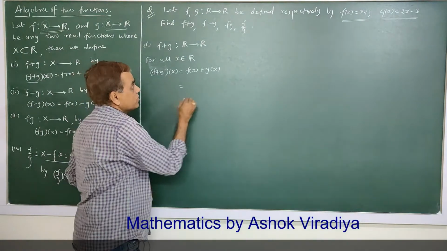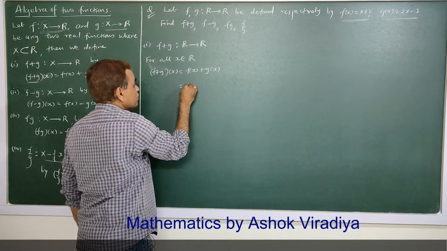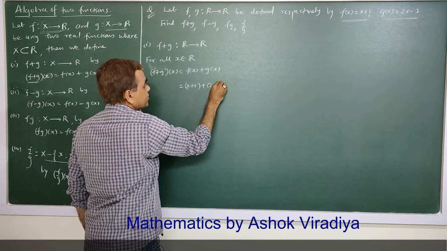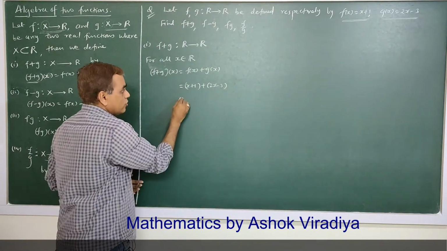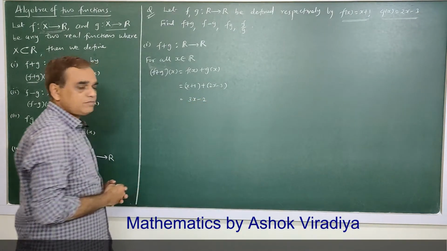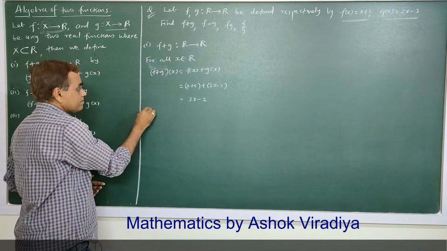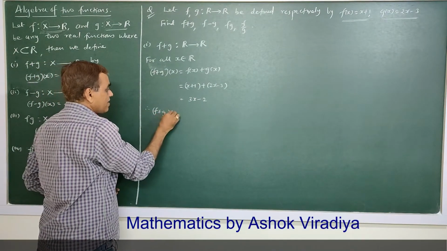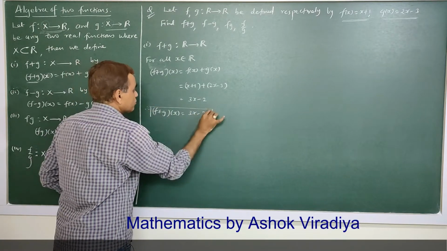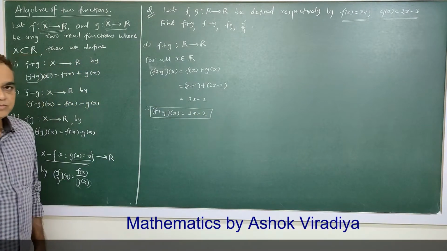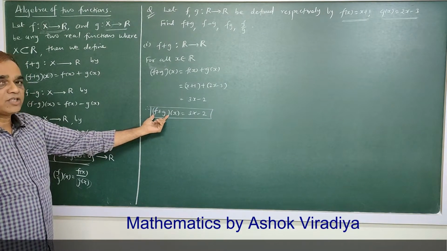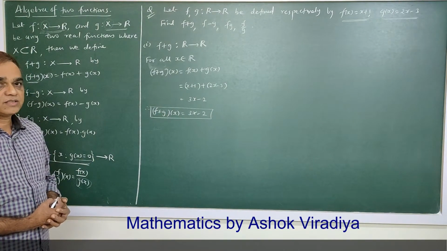Now putting the values, f(x) is x plus 1 and g(x) is 2x minus 3. So this is 3x minus 2. So here (f plus g) of x is 3x minus 2. This is the working style of the function obtained by the sum of two functions.